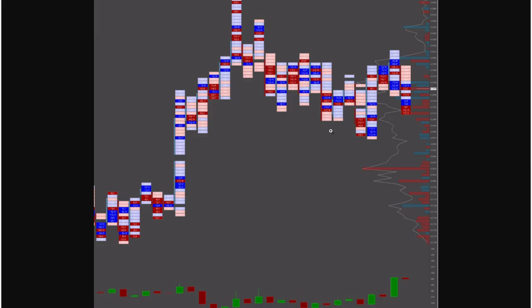What's the problem in this? The problem is that we need to consider how the delta is developing, and the delta is developing higher. This means that there is more probability of a continuation. And at the same time, we have a huge risk of reversing at this level. Why?